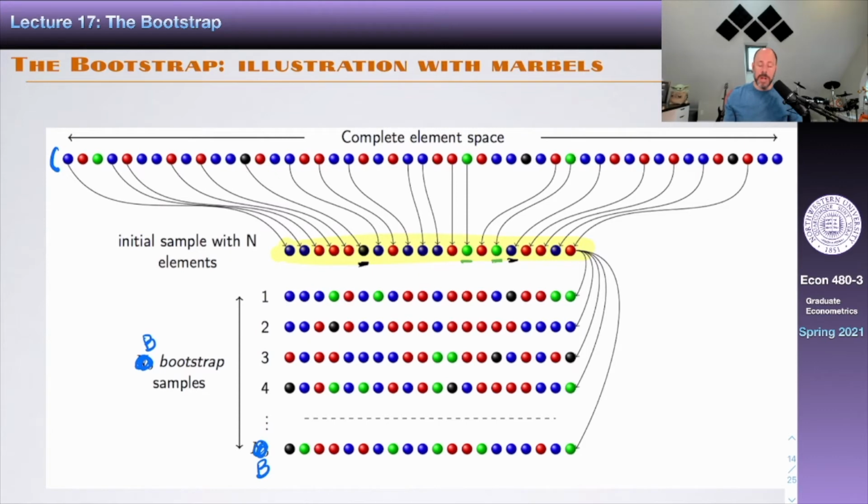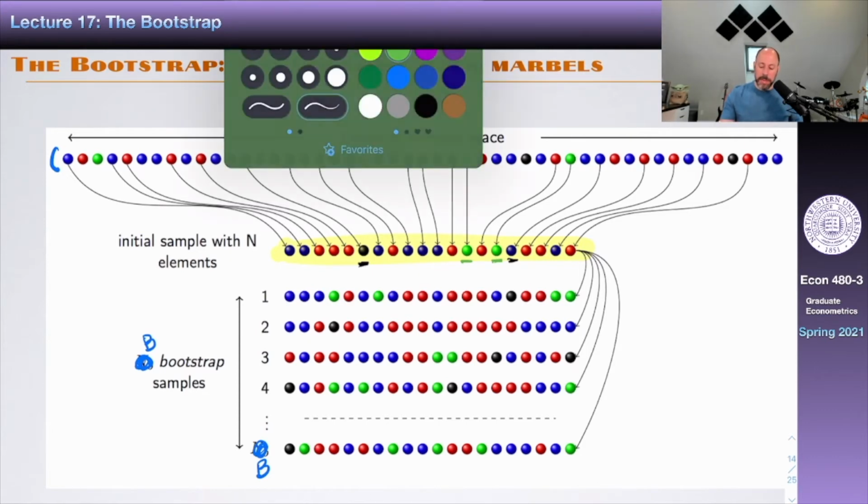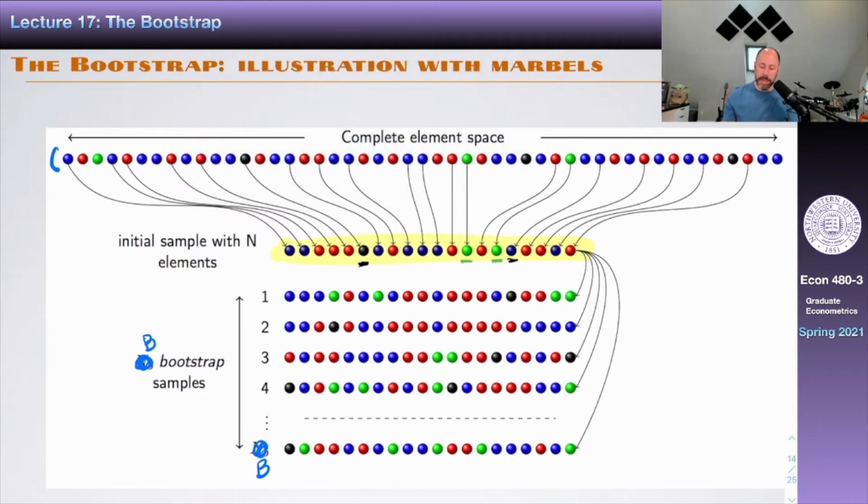And so when you look at the Bootstrap samples, how many balls are here? 1, 2, 3, 4, 5, 6, 7, 8, 9, 10, 11, 12, 13, 14, 15, 16, 17, 20. And so you take samples of size 20, where each of these balls gets probability 1/20, and they're sampled with replacement. So what you see here is that it is very common for the Bootstrap to have situations where there are values that are repeated, right?